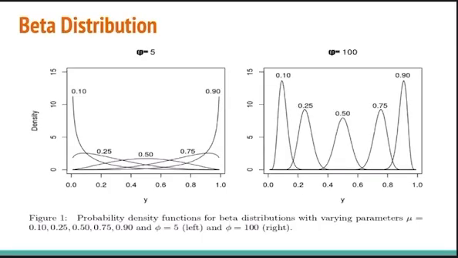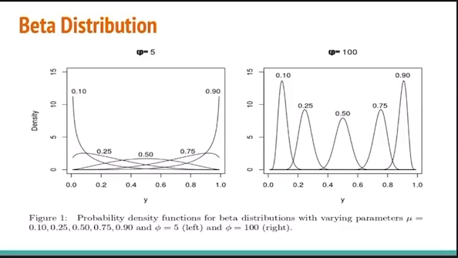Let me tell you this: if I want to model something in a range of 0 to 1, I need a more flexible model based on statistical theory. Beta distribution is flexible because we have two shape parameters.